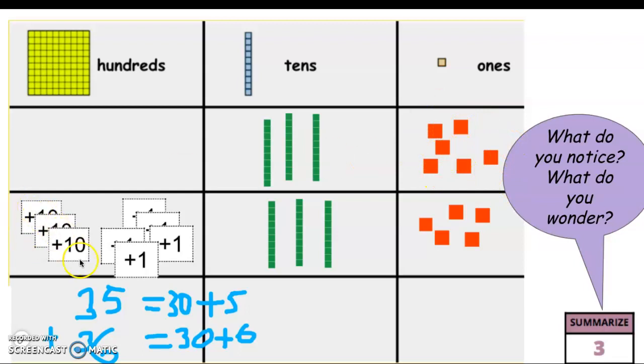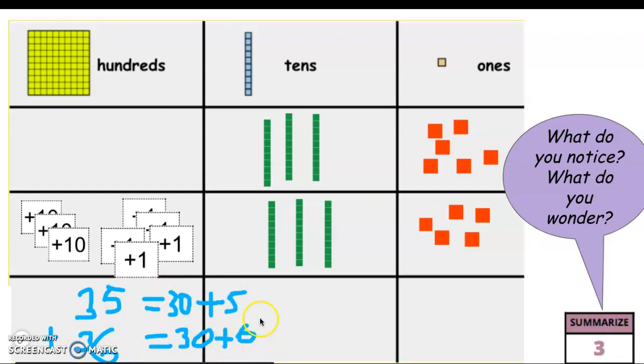And then if I add 10 cards, that's 30. And if I add 1, 2, 3, 4, 5 plus ones, that's 5 ones here. That means I have 35 plus 36. How can I add that? I'm going to write it in expanded notation. 35 is the same as 30 plus 5, and 36 is the same as 30 plus 6.